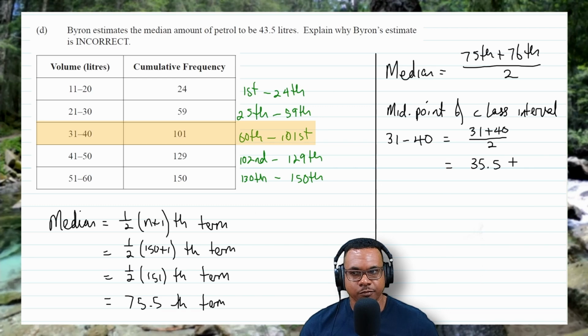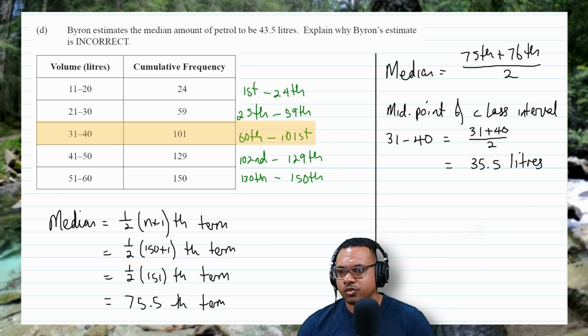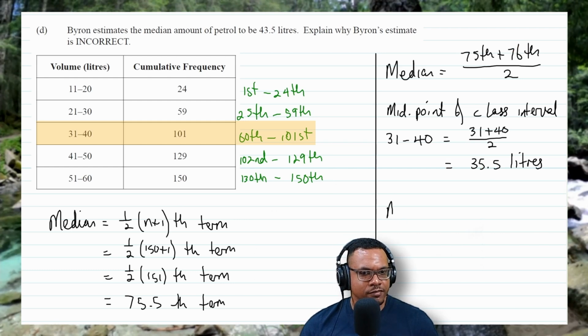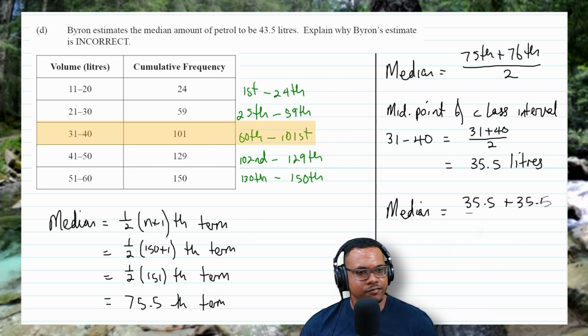All right, 35.5 liters. So my 75th term and 76th term will be 35.5. So my median is equal to 35.5 plus 35.5 divided by 2. So that'll just give back 35.5 liters.